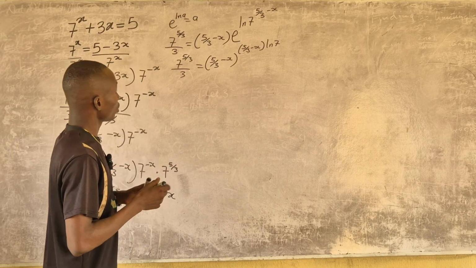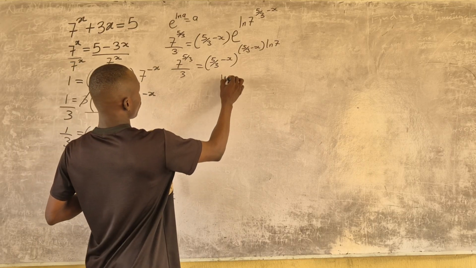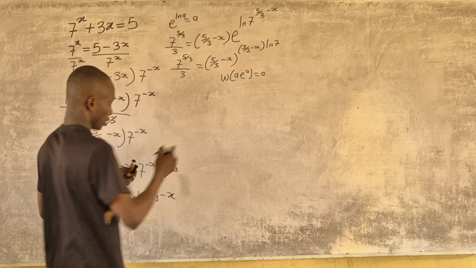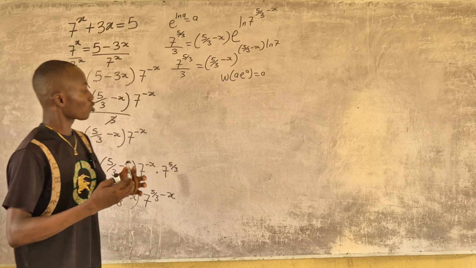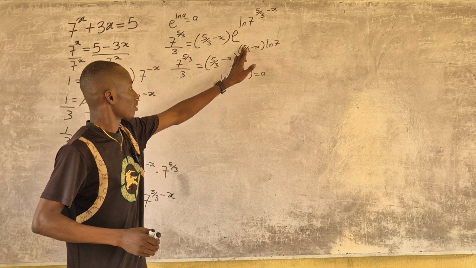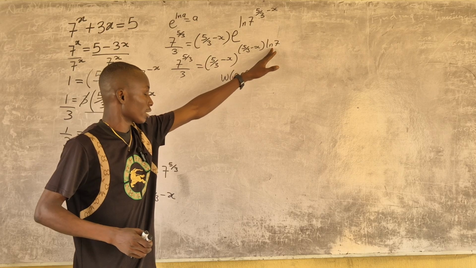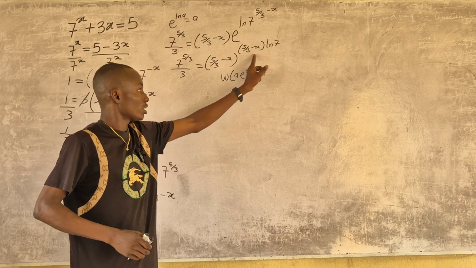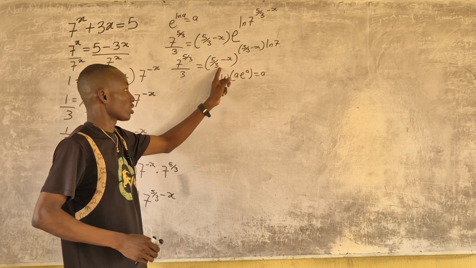Now, what we are going to do here, we know that the Lambert W function of a multiplied by e to the a is always equal to a. And our target here, we have 5 over 3 minus x times ln 7, and let's assume that if all this is a, what is here is not the same as what is here.